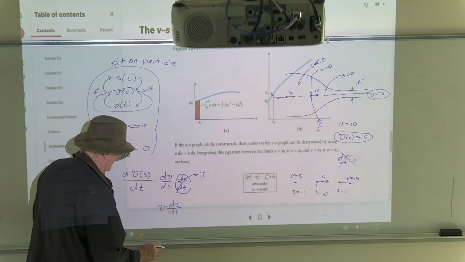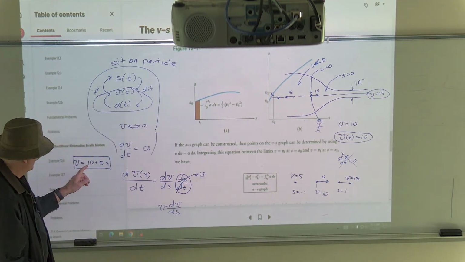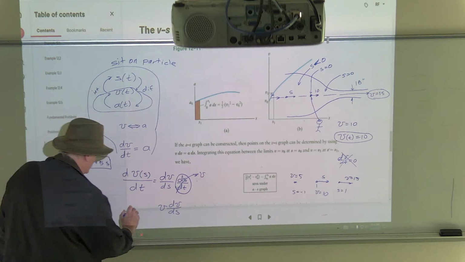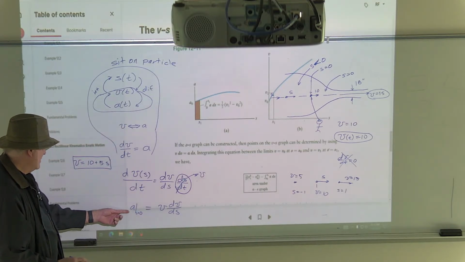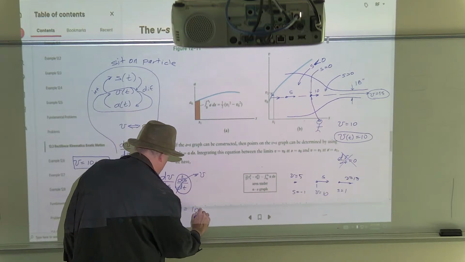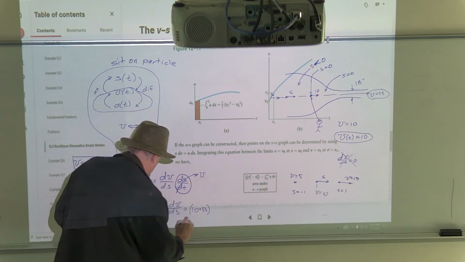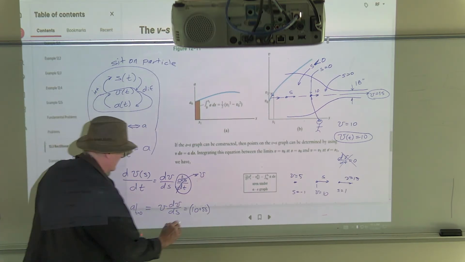Oh, sorry. So if you wanted to find the acceleration at, say, s equal to 0, what you do is you take this, equals 10 plus 5s, times the derivative of that thing with respect to s, which gives you nothing more than 5.